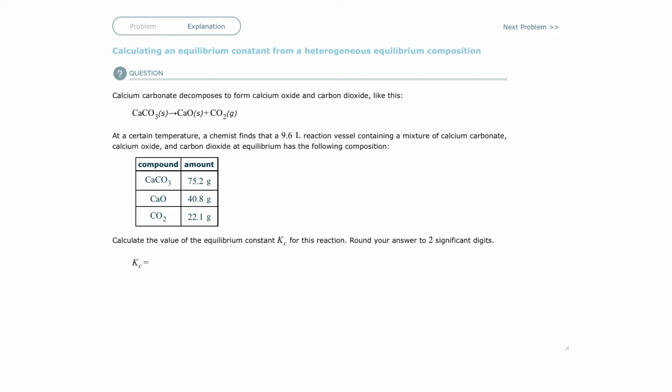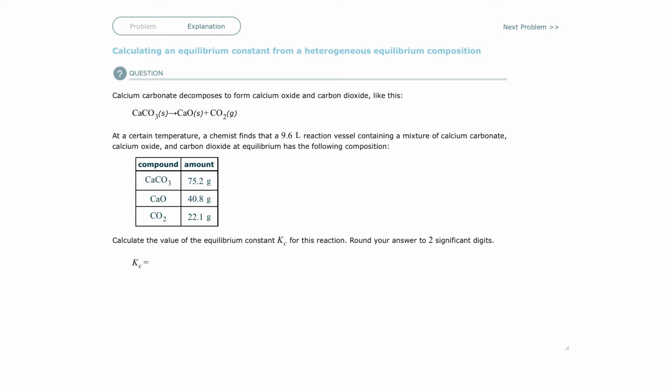That makes it really easy. You just ignore the others. Anything that's not a gas is not going to be written down when you do your expression. Okay, so if you remember, an expression is going to be the concentrations of the products taken to the power of the coefficient in the balanced equation divided by the concentrations of the reactants taken to the power of its coefficient.